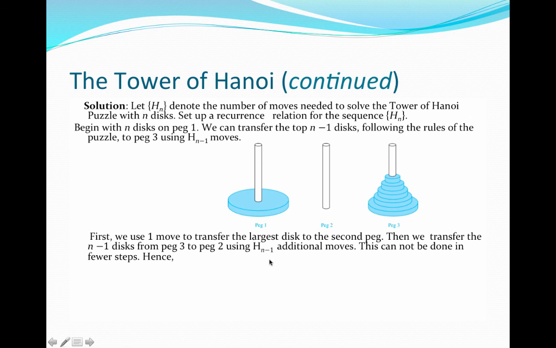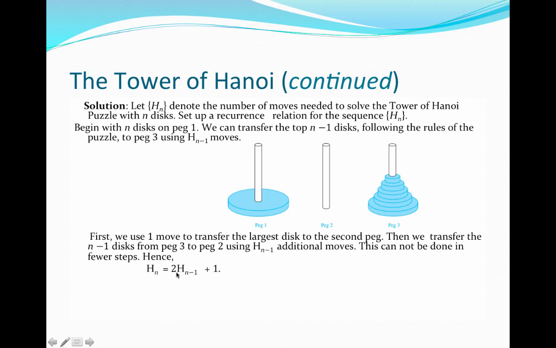So our recurrence relation is: to move n discs from peg 1 to peg 2 takes h sub n-1 moves to move those n-1 discs to peg 3, and then one move to move that biggest disc to peg 2, and then another h sub n-1 moves to move these n-1 discs back onto peg 2.